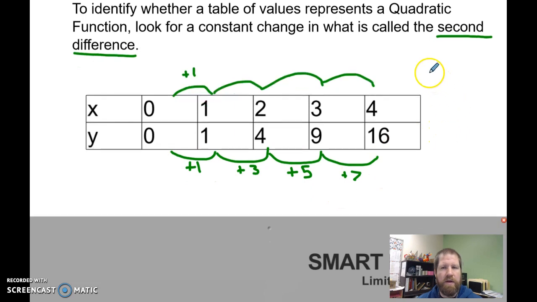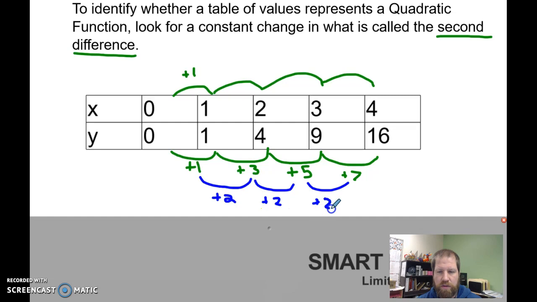All right, when I'm looking for a quadratic, I'm always going to have different first differences. Okay, these won't be the same. But my second difference, which is when I basically take the difference between my first differences, all right, so 1 to 3, well, that's a plus 2. 3 to 5, that is a plus 2. 5 to 7, that is a plus 2.